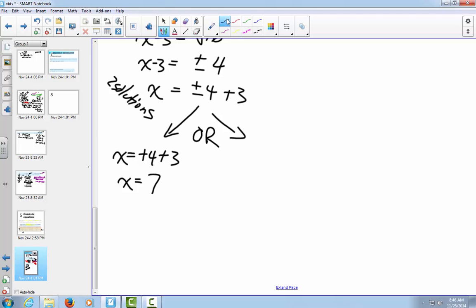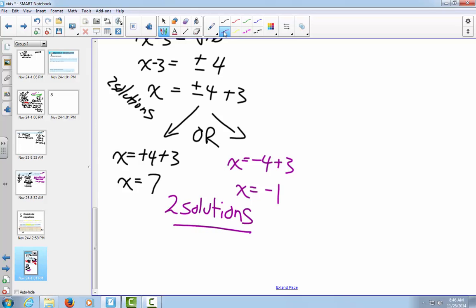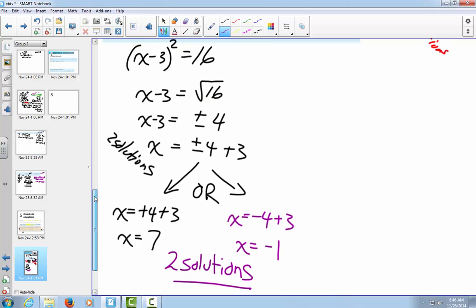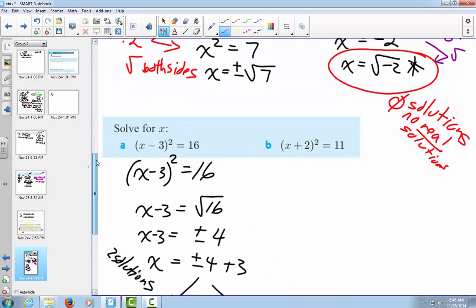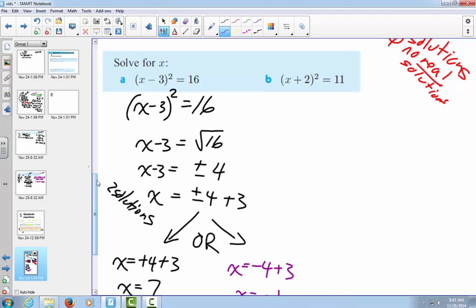Or we have x equal to negative 4 plus 3. X will equal negative 1. Again, 2 solutions, 2 possible answers. Okay? Hopefully this makes a little sense and we can follow through. As we move through some of this stuff, it'll make even more sense.